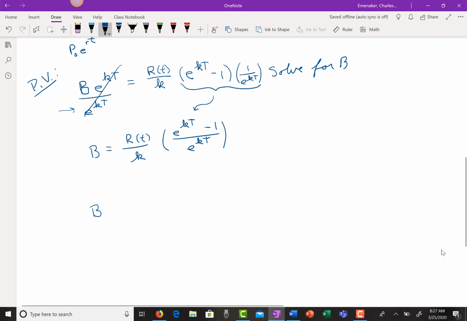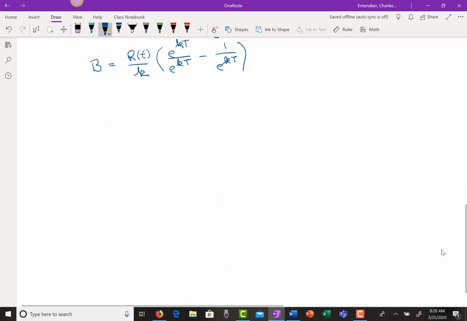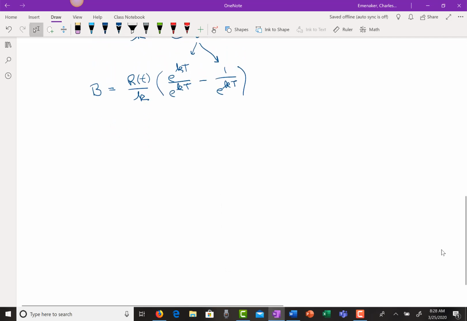Using some further algebra to clean things up a little bit here, we have our revenue stream over K times e to the K capital T over e to the K capital T minus 1 over e to the K capital T. Okay. Just taking that fraction here and breaking it up into its two constituent parts. We've talked about that earlier this semester. Then, going to do a little bit more algebra.